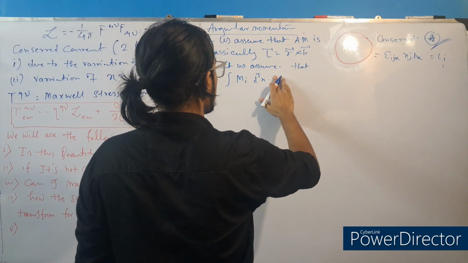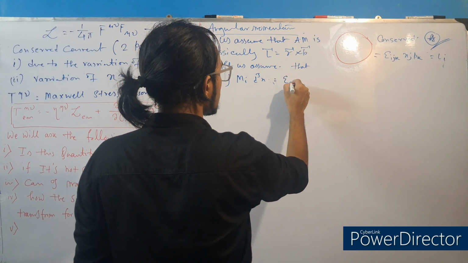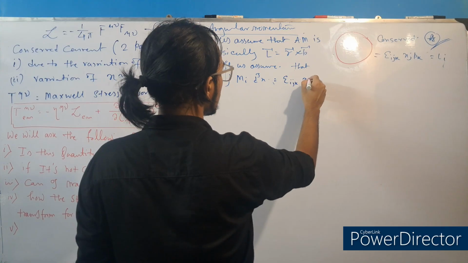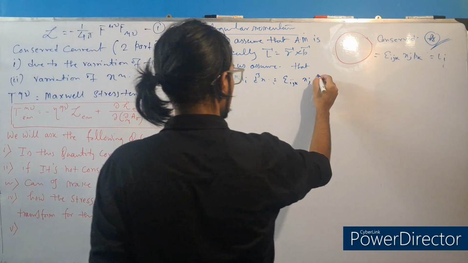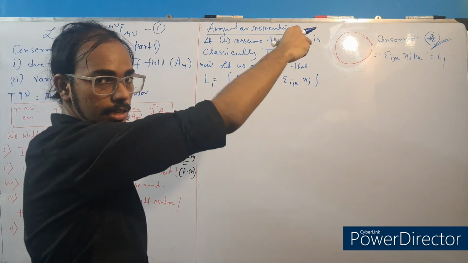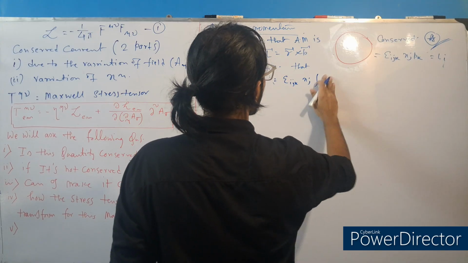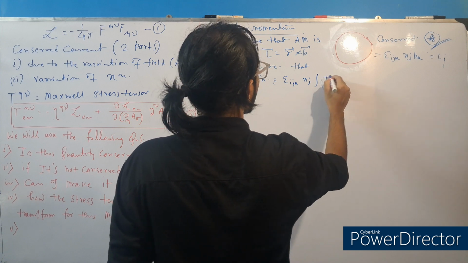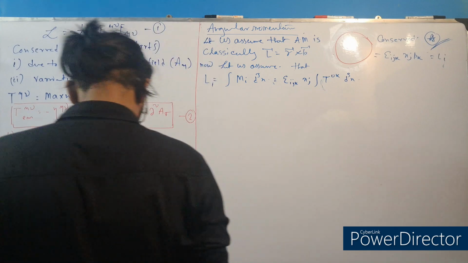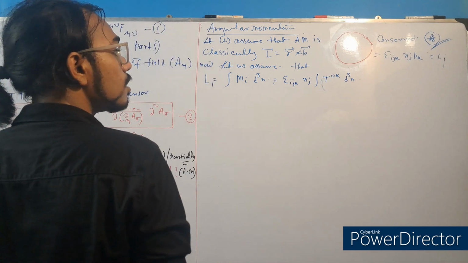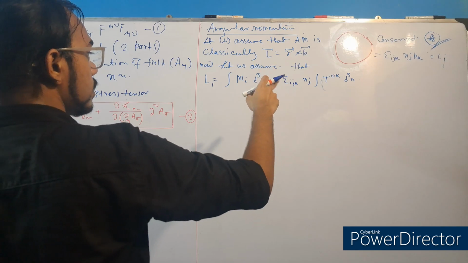This is the only explanation I have regarding this expression. And this can be written as epsilon ijk xj. Now what is pk? P is basically field momentum here. Pk can be written as P0k d3x. Okay. I think I'm writing it right. K to K, J to J, and I. Yes.